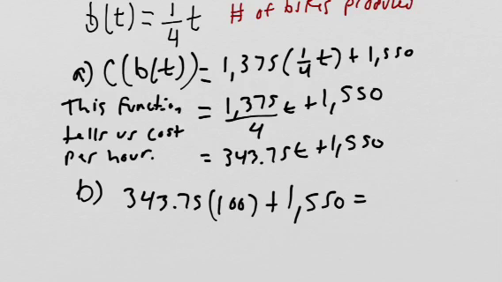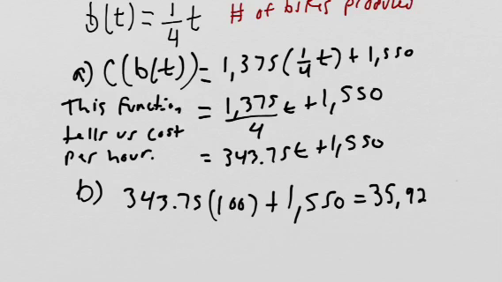So let's see how much that is. Times 100 plus 1,550. Wow, that's a pretty steep price. Hopefully we're selling all these bikes, or we are going to go bankrupt.